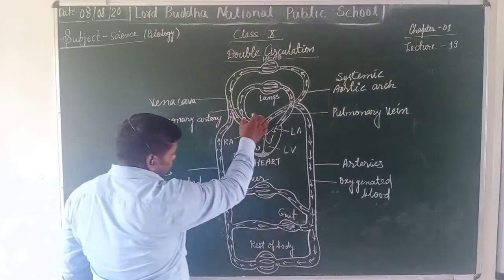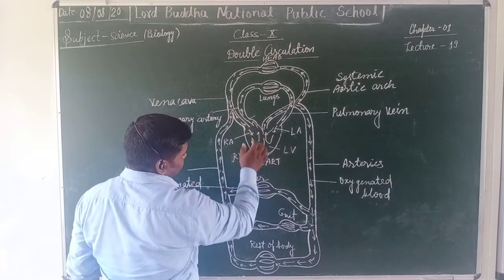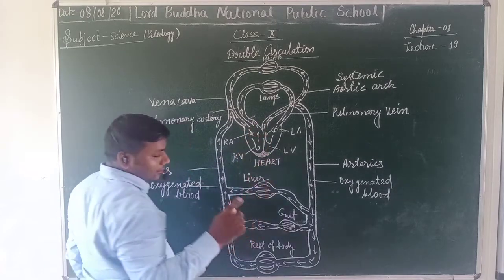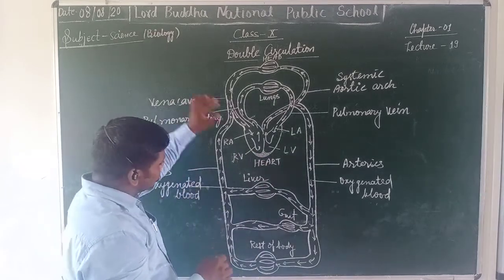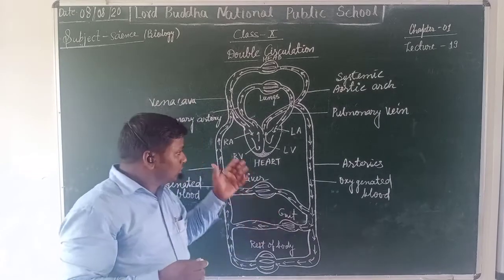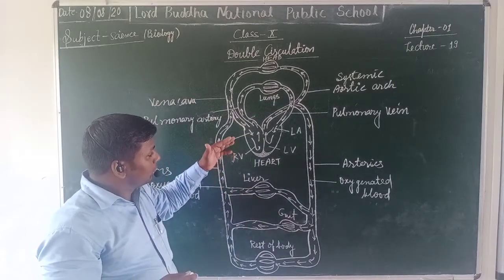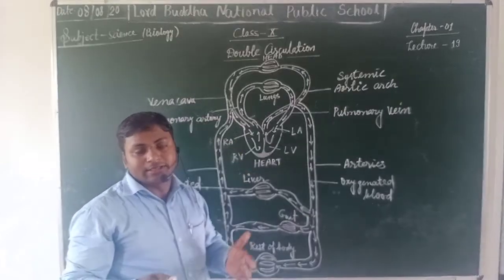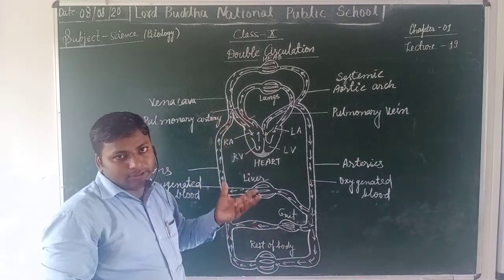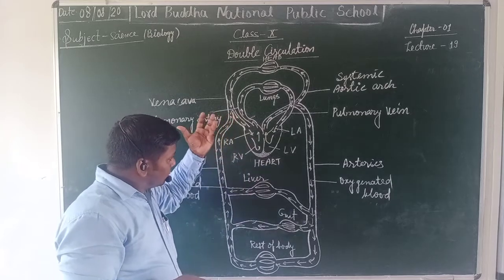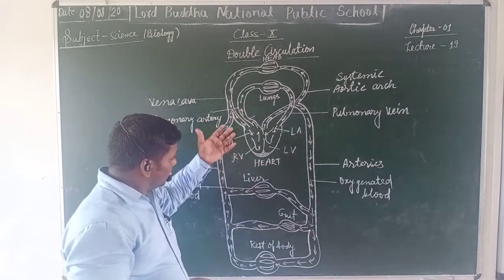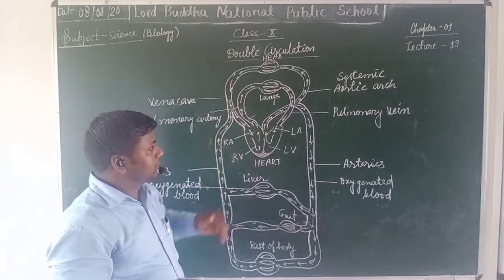Whereas in the right half of our heart, three valves are present, that are called the tricuspid valve. These valves allow the blood to always flow in the forward direction. They avoid the back flow of the blood into the heart and any part of the body.